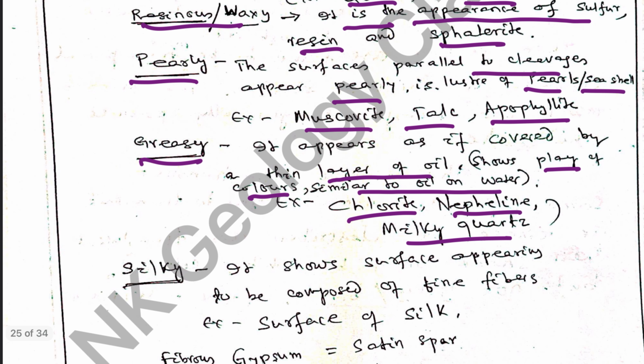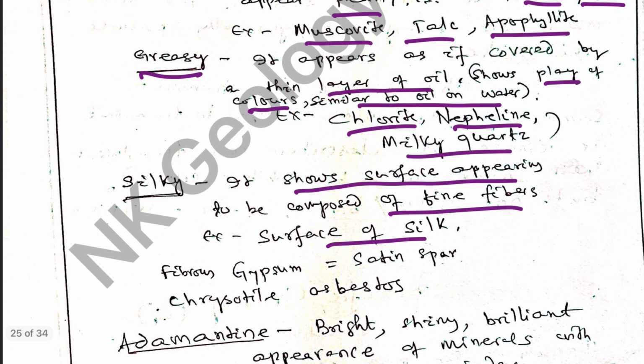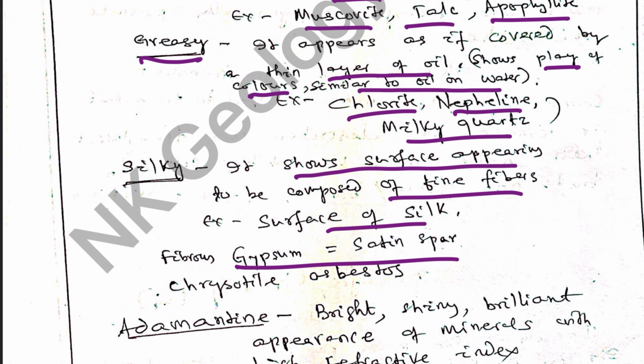And when it is silky luster, it shows a surface that appears to be silky, filled with fine fibers, like the surface of silk or the surface of gypsum, satin spar. Satin spar is fibrous. Similarly, chrysotile asbestos.